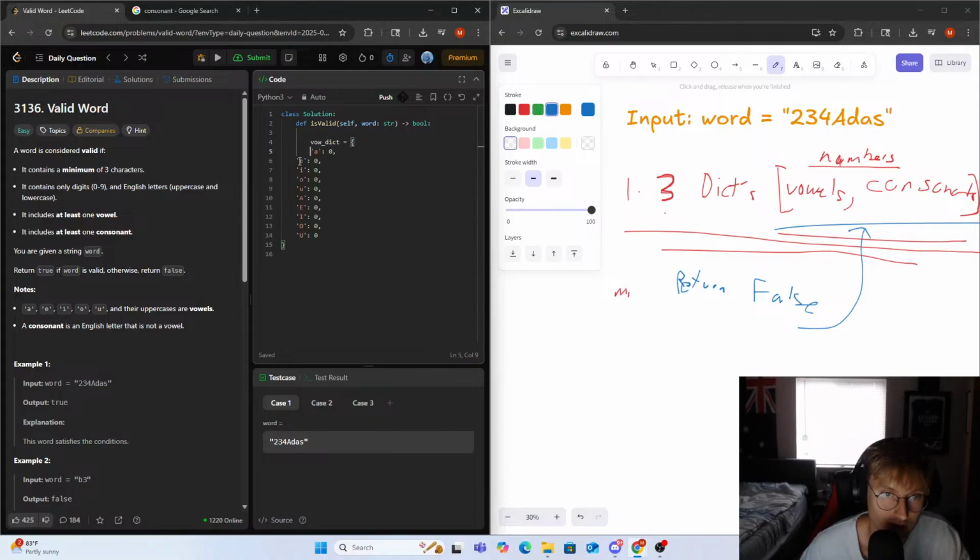Got AI to generate us this dictionary right here. Didn't want to type this manually myself.